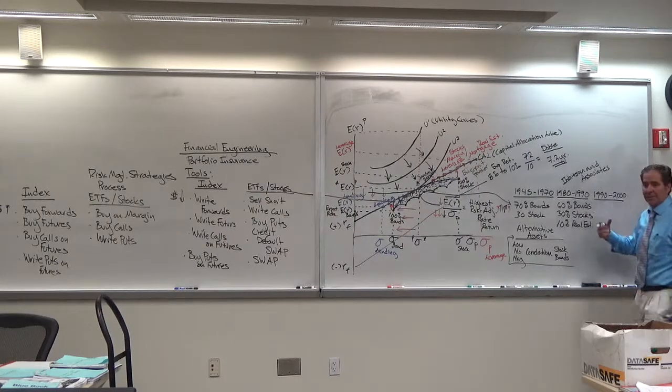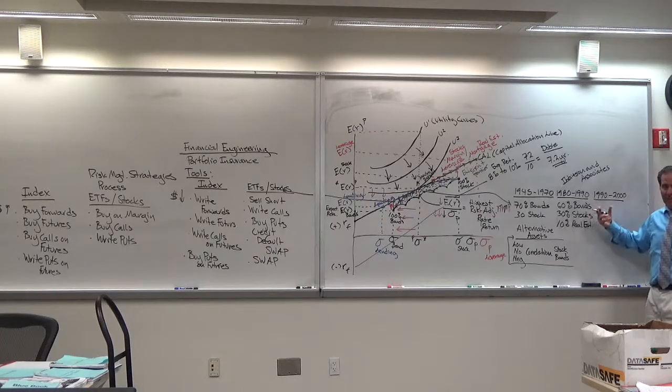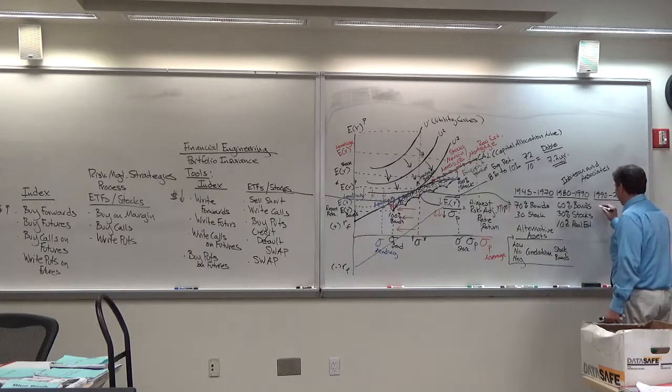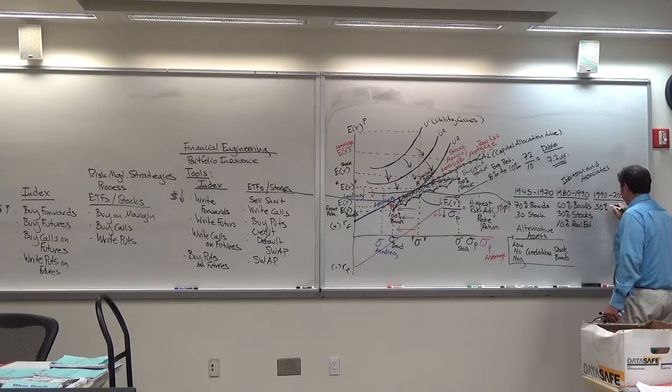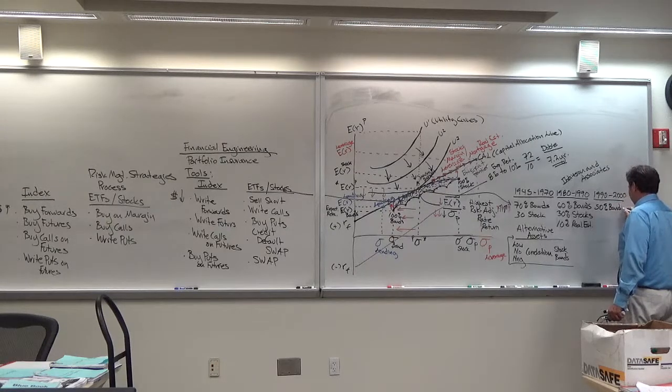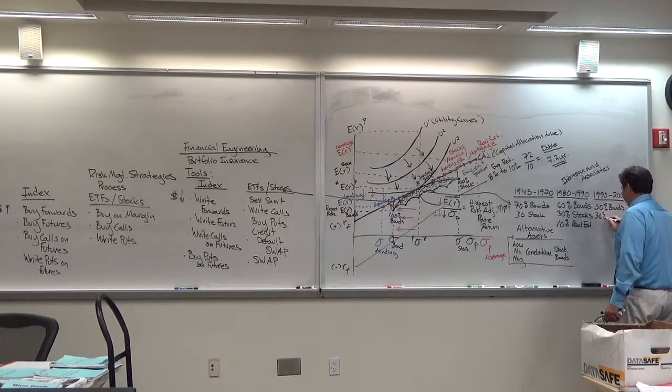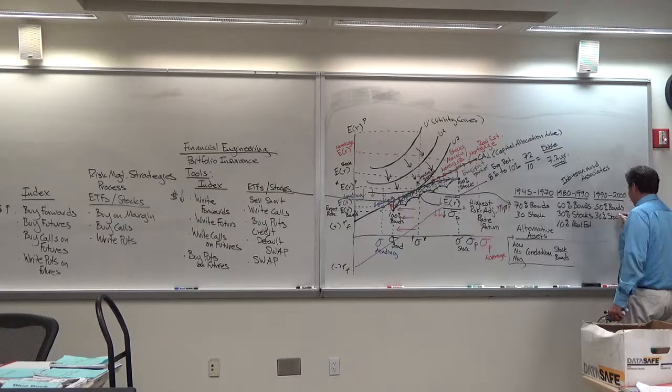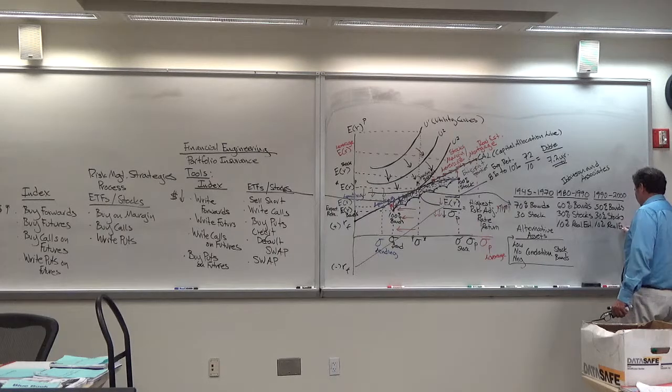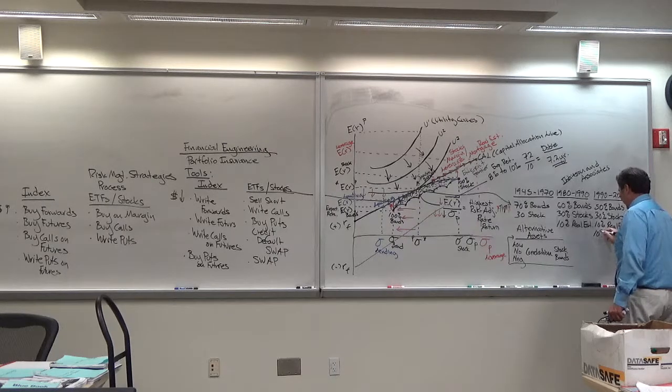So what they did, since life insurance looks and smells a lot like bonds, they took the allocation from bonds down, kept the allocation for stocks, kept the allocation of 10% for real estate, and then added an allocation for life insurance.